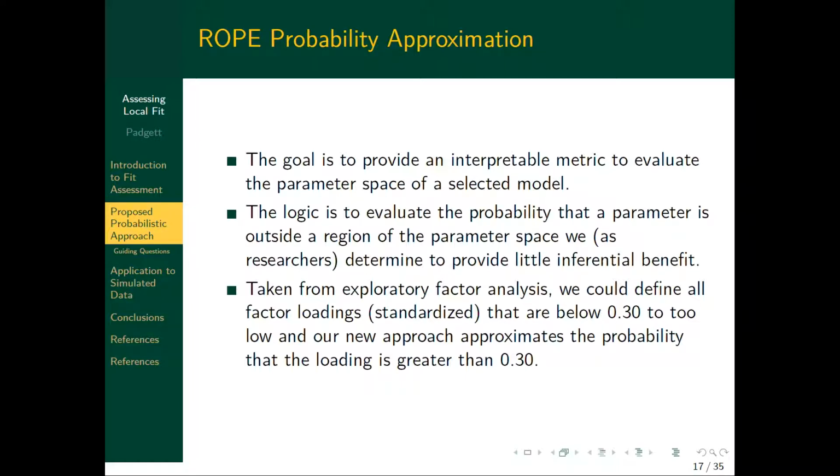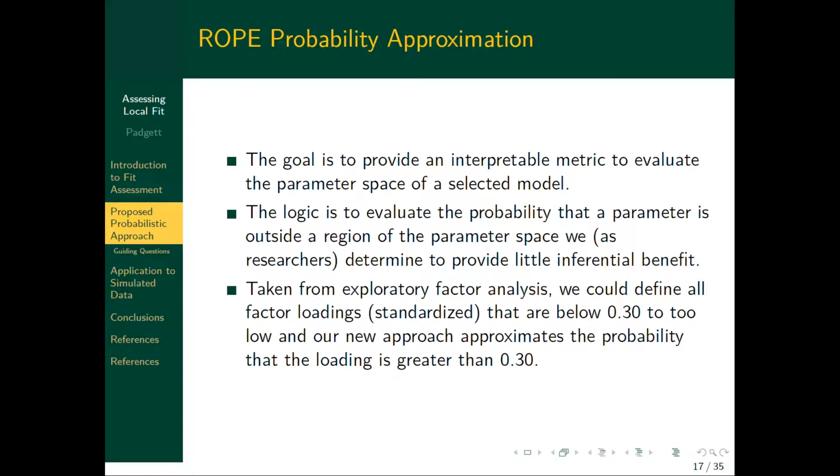And so the logic is to evaluate what the probability is that a parameter is outside the region of the parameter space that we deem does not help us interpret the factor structure in any new way.